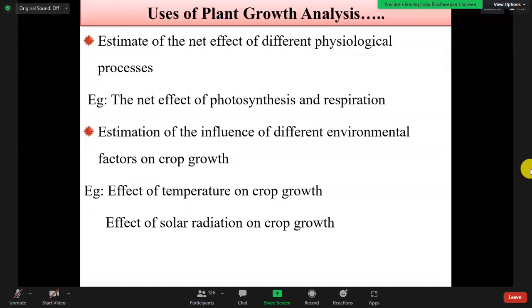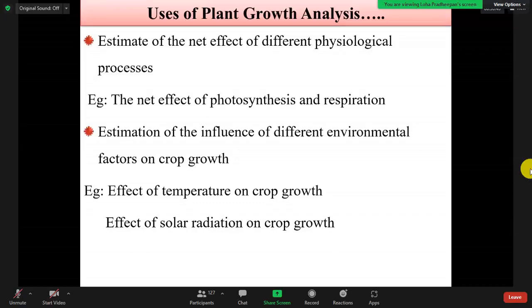Then estimation of the net effect of different physiological processes. Normally we know in plants photosynthesis is happening, respiration is happening, assimilate translocation is happening, water and nutrient absorption is happening, transpiration is happening. All the physiological processes are happening in the plant.